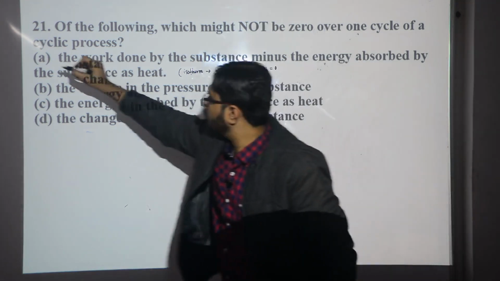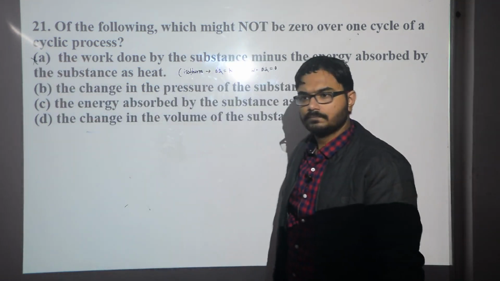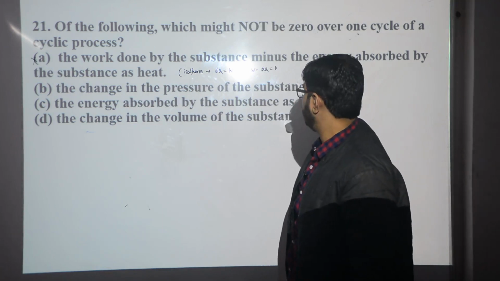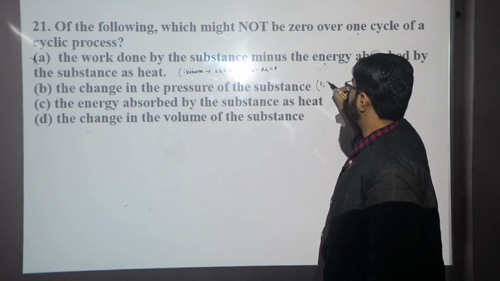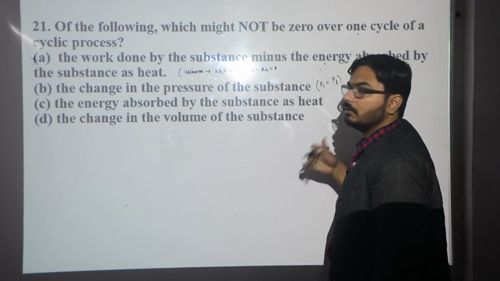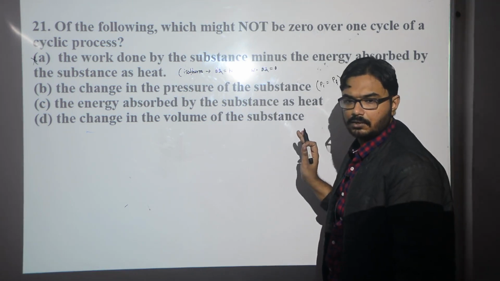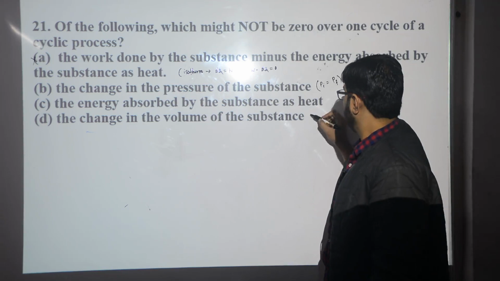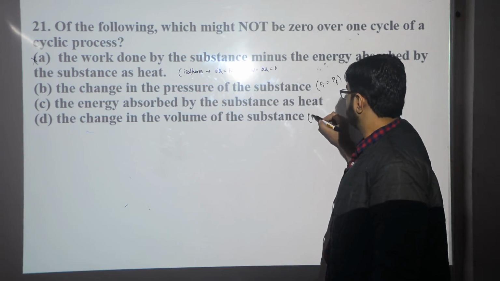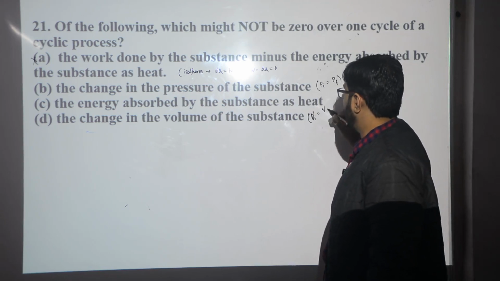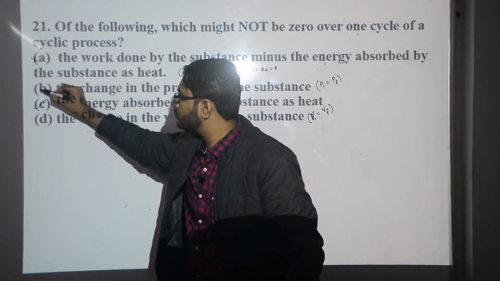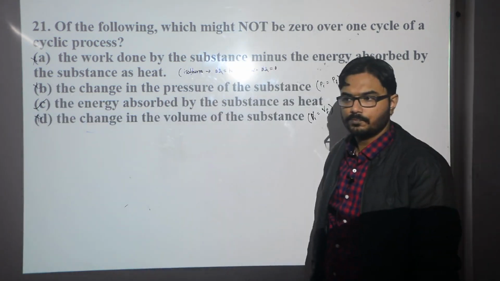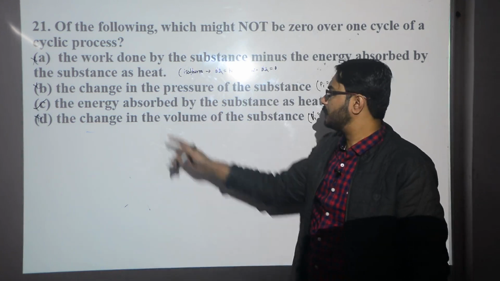So this one is a wrong option, right? For any cyclic process, P initial must be equal to P final. However you have made the process. This is V initial must be V final as it has completed the cycle. So the nearest option becomes this one and this one is also chopped up. ঠিক?